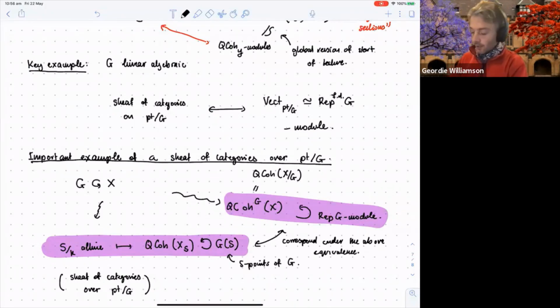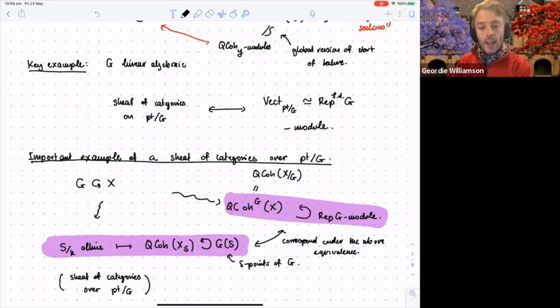Okay. So another way of saying this is that if I have quasi-coherent sheaves on X together with the action of G, it makes sense to take equivariant sheaves inside that category, namely fixed points for the action of G, that recovers equivariant sheaves.